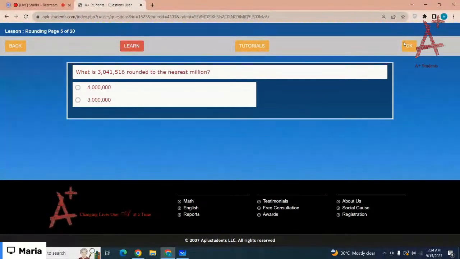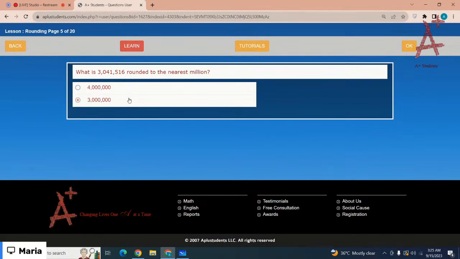Okay, what is 3,041,516 rounded to the nearest million? Which is the correct option? Very good.